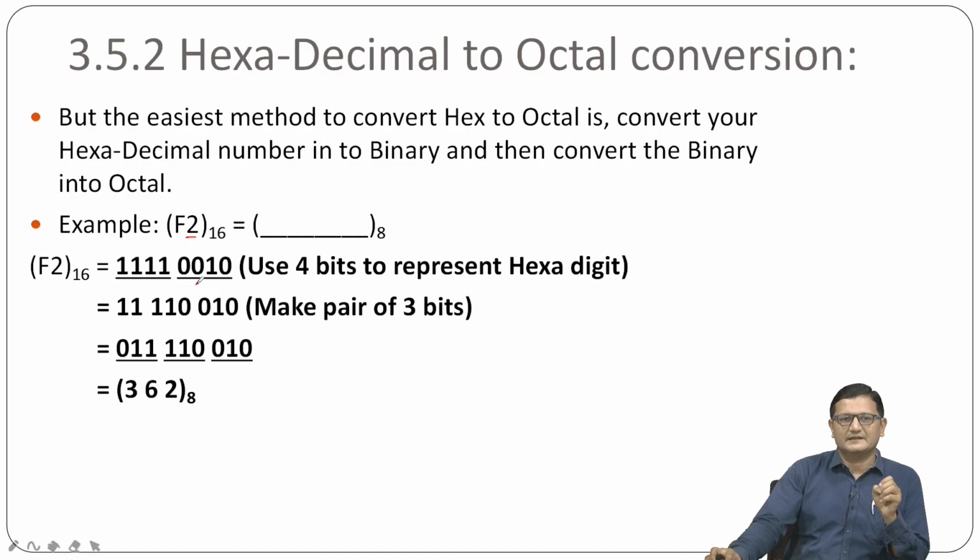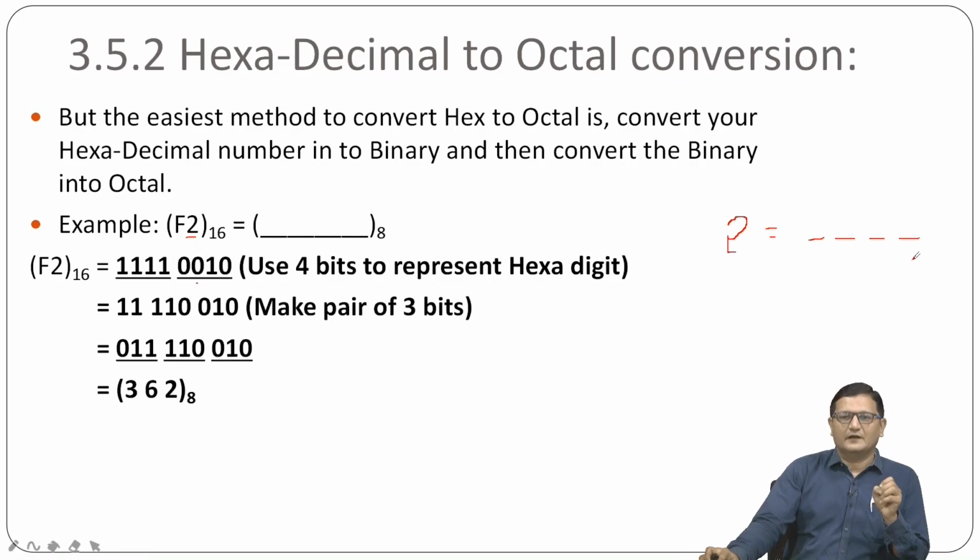In this way, it is 0 0 1 0. Let us suppose we want to represent 2, and for this 2 I will write it down by using 4 bits. So, these are the 4 bits.